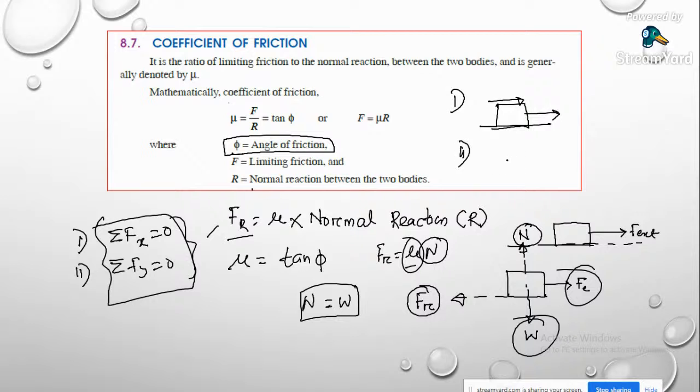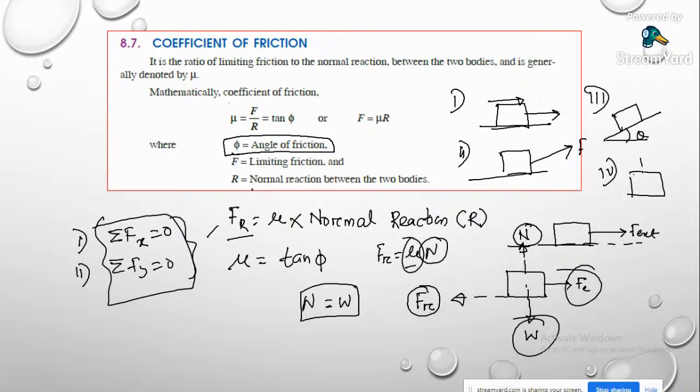In the second case, the body is placed and subjected to some kind of inclined force. In the third case, the body is placed on an incline at some angle theta. In the fourth case, a body is over another body and is subjected to some kind of forces.